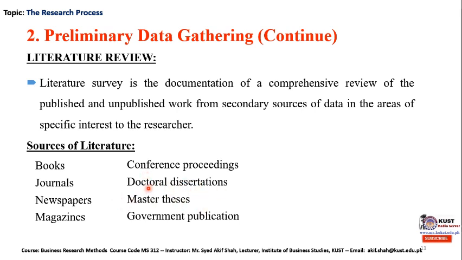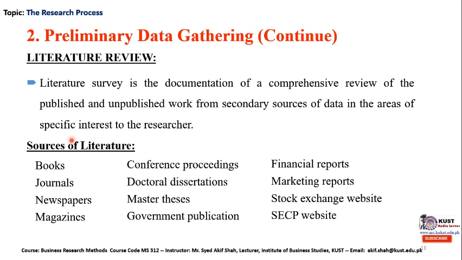The researcher can look at master theses, and government publications are also available for the same problem addressed in different public sector organizations. These are all basically secondary sources of getting the literature review in order to find out the potential variables or factors which are influencing low productivity in the organization.